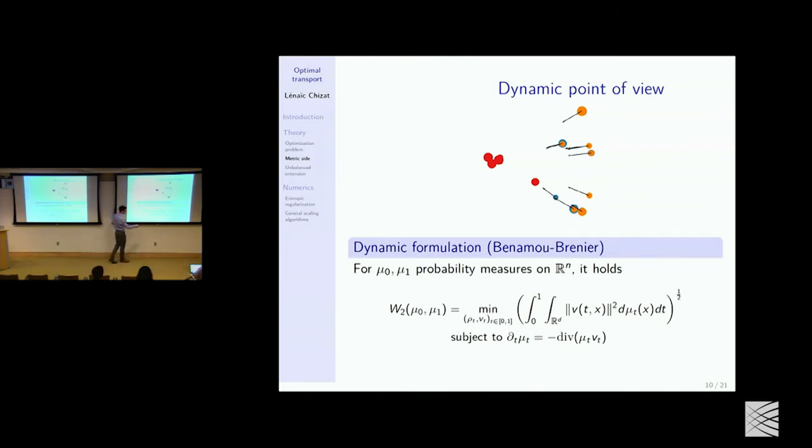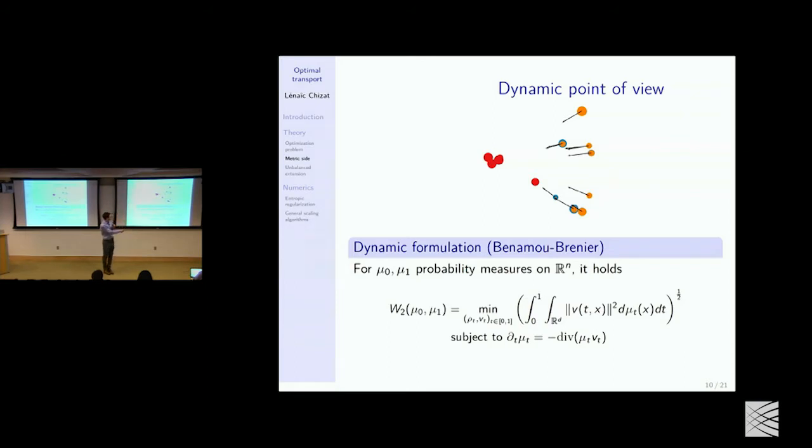And this equation tells me that mu-t, which is my interpolation, depending on time, varies and is affected by a velocity field, v, which depends on time and space. And this velocity field is the one which appears in the kinetic energy here that I'd like to minimize. I didn't have all these notations, but mu-t of course interpolates between mu0 and mu1.